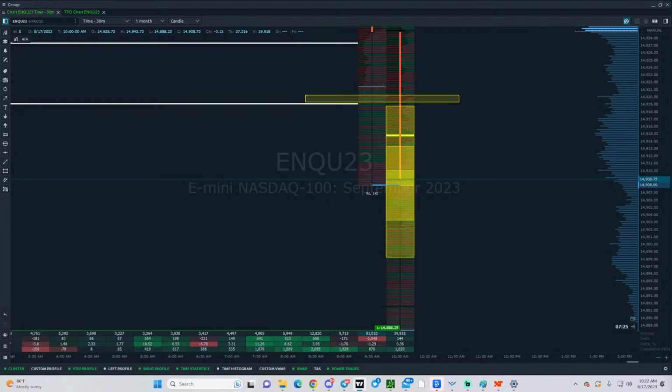NQ is so weak right now compared to the other ones. It's incredibly weak. Yes, it's just below the London Open.